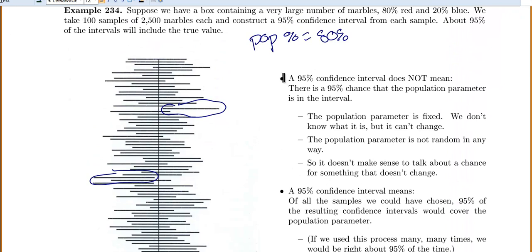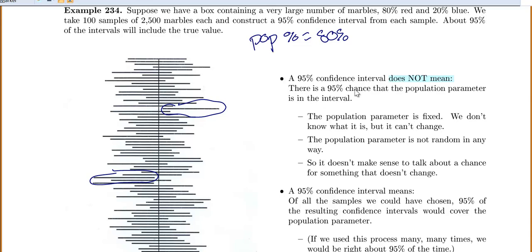Now, let's go through two common interpretations. This first one is incorrect. Well, it's written correctly here, but this is a very common misconception. Do not put this one on the test. Okay. So what people like to say is they want to try and say that there's a 95% chance that the population parameter is in the interval.